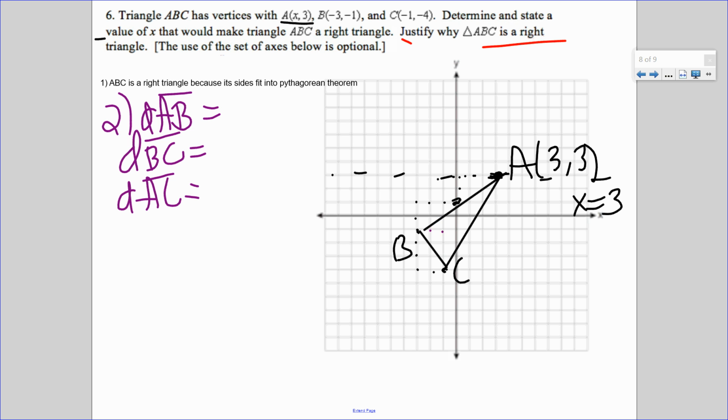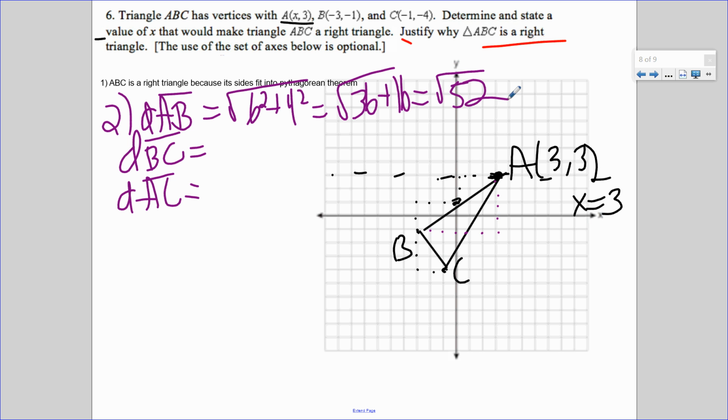AB is 1, 2, 3, 4, 5, 6. 1, 2, 3, 4. That's 36 plus 16, which is rad 52.